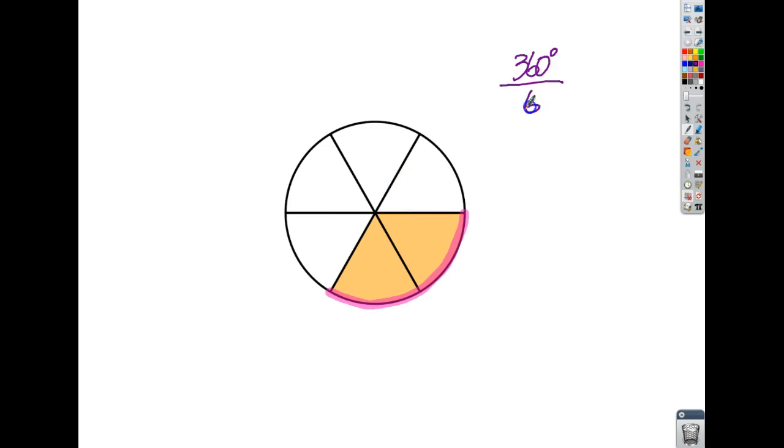We're breaking this into 6 segments. 360 divided by 6 gives me 60 degrees. So this one is 60 degrees and this one is 60 degrees, and by adding them together you get 120 degrees. And again, the idea is Alt 0176, and let go to give your degree symbol.